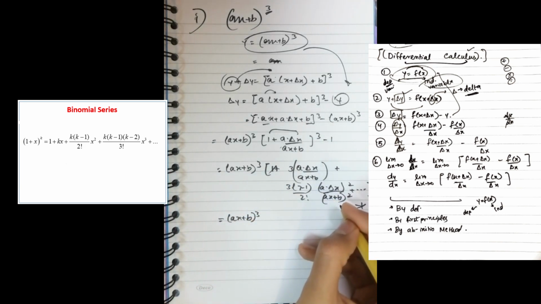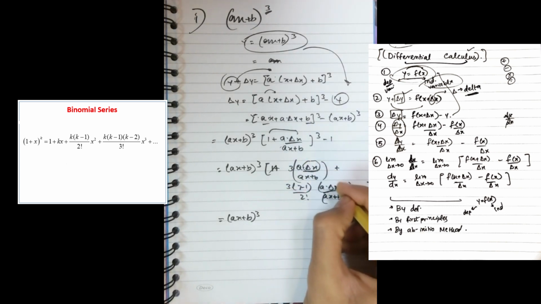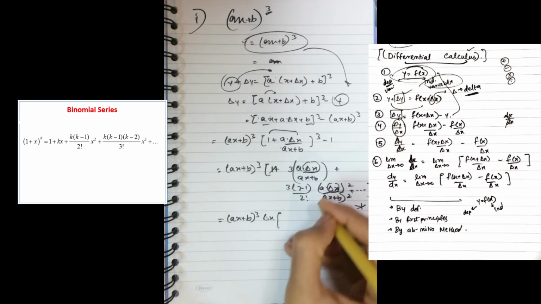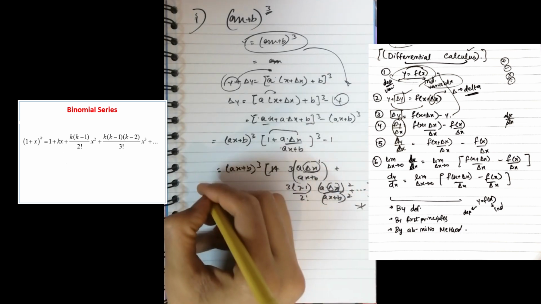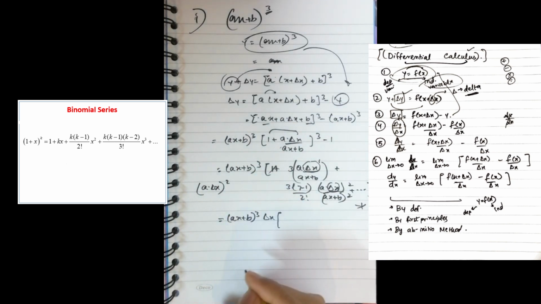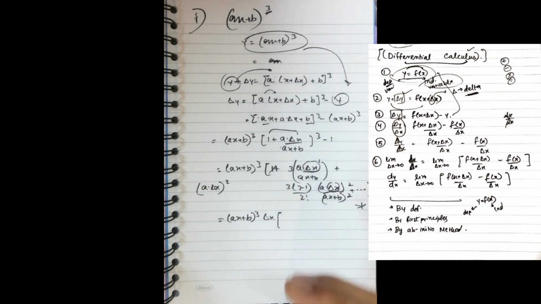You can see that there's a Δx common over here, and there's also Δx present in this term. These are two separate terms, so I can take out Δx common. But remember, Δx is present here only one time, while over here it is present two times, because aΔx is raised to the power 2. So we are going to take out only one Δx common, because only one is common in both of these terms.